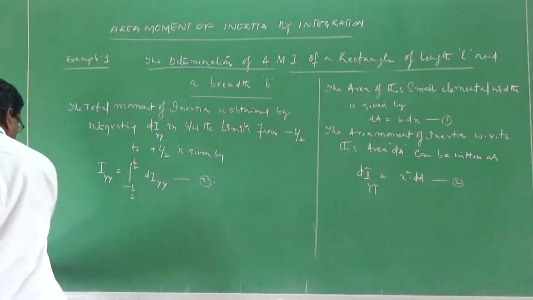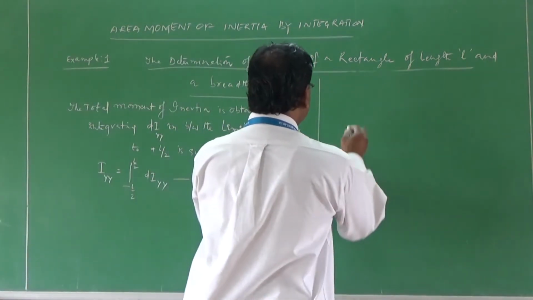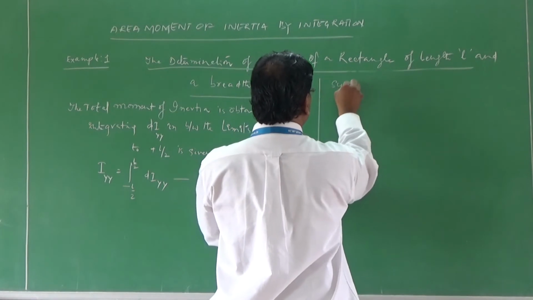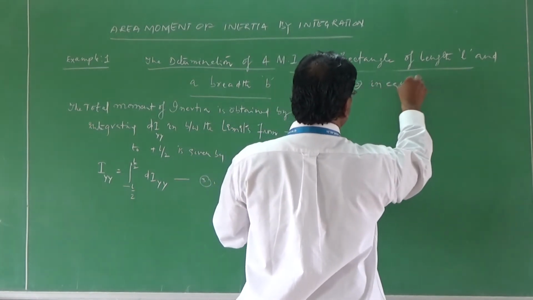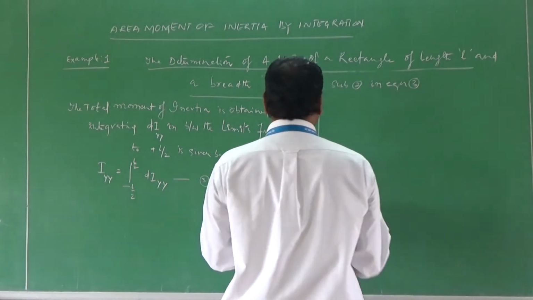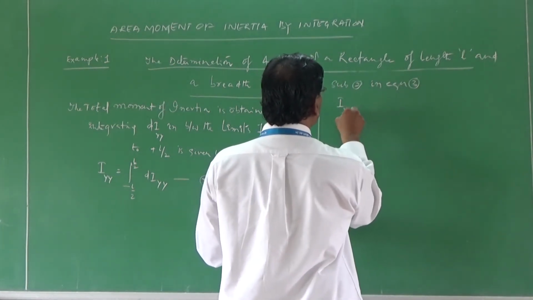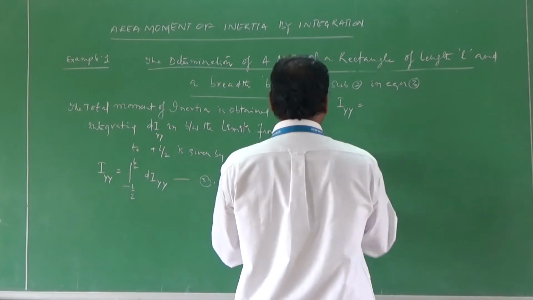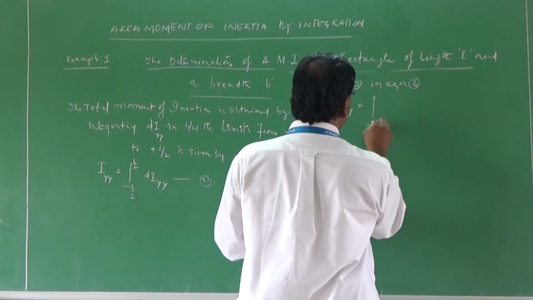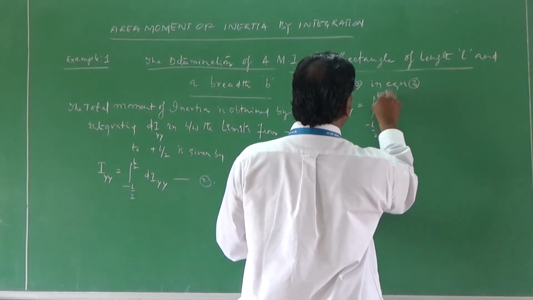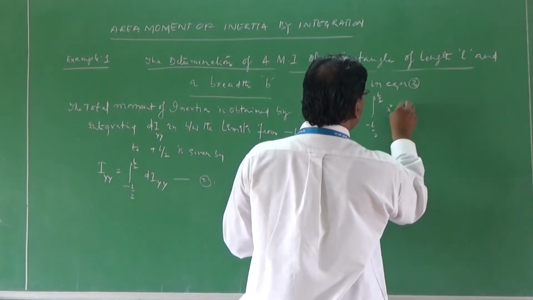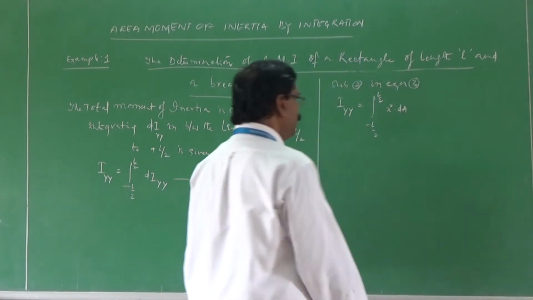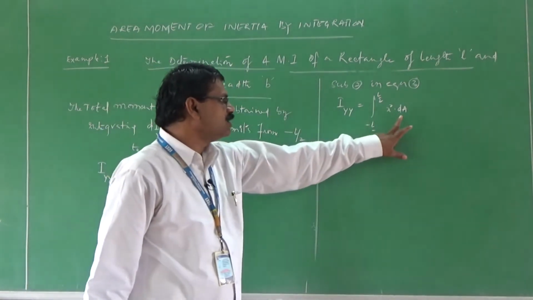Now, substitute 2 in equation 3. We get I_y is equal to integral minus L by 2 to plus L by 2 x square into dA. Now, I am bringing the value of dA to this particular equation.